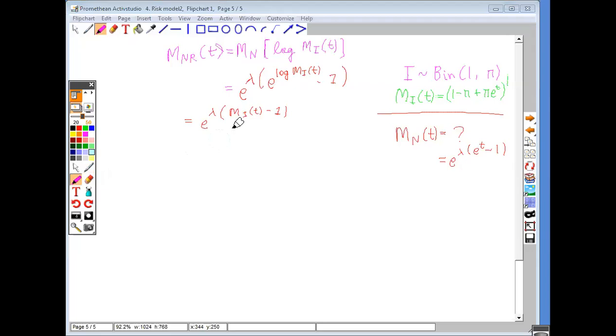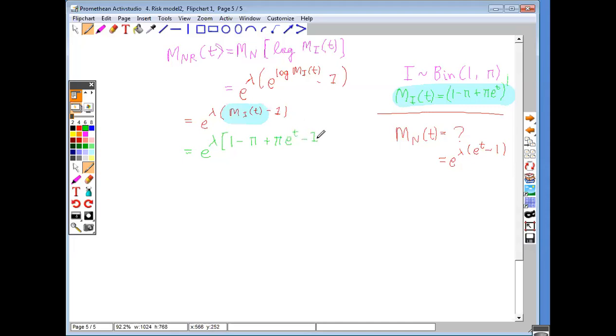And I do know that my value for this M_I(t) is nothing but just this, right? So I'll just substitute that here. So what do I get? I get e raised to lambda times (1 minus pi plus pi e raised to t, minus 1), and this is also a 1.